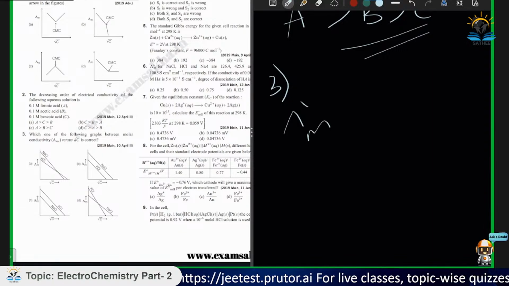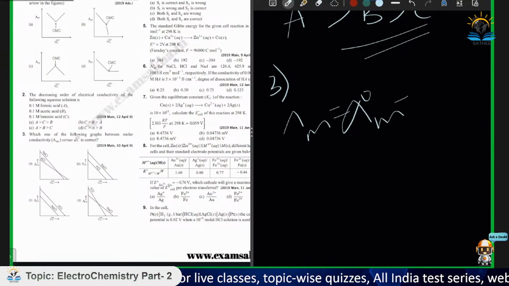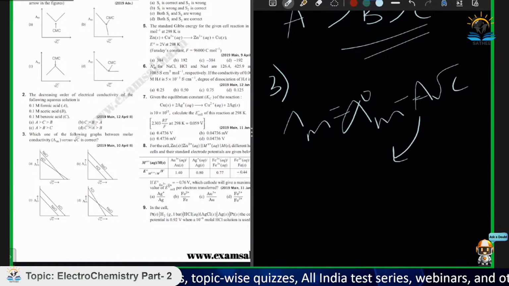Your typical Kohlrausch equation: lambda m equals lambda m zero minus A root C. Obviously, this thing is different for NaCl and KCl. And okay, there is one logic.